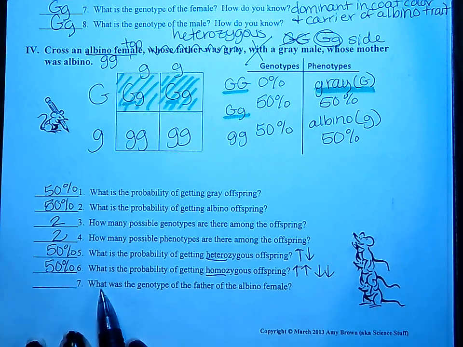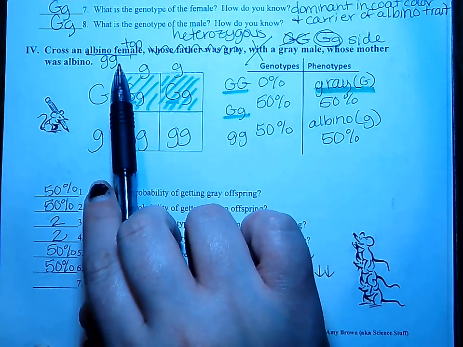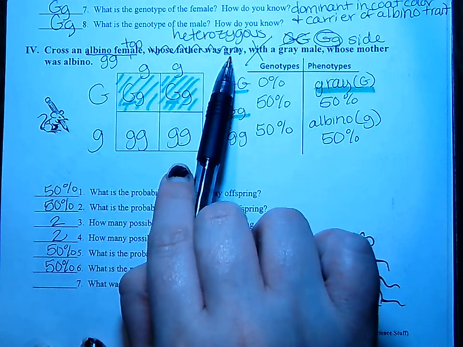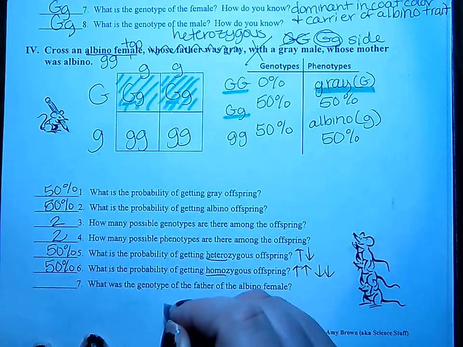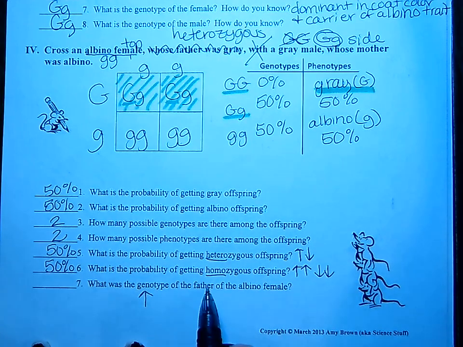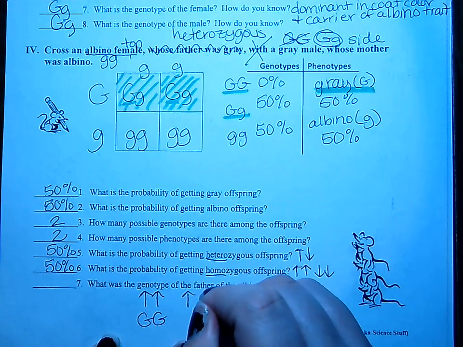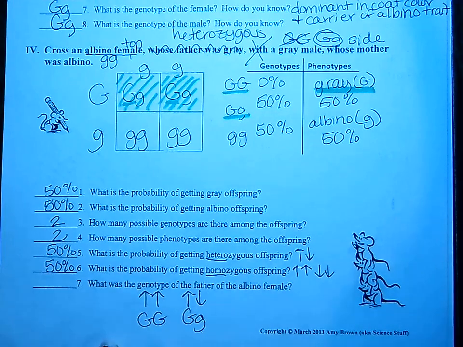So number 7, what was the genotype of the father of the albino female? All right, so now we're going to use that information. So his daughter, remember, was little, little, the albino, but the father was gray. Well, in order for him to be gray, he has to be either dominant, dominant, or dominant recessive, big, little.